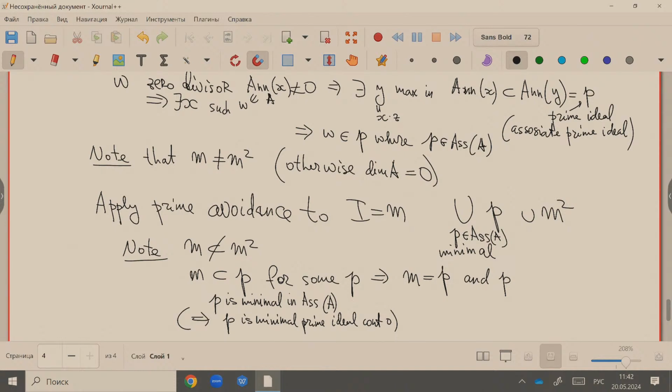So this means that just M is minimal over 0, and at the same time all prime ideals are contained in M.